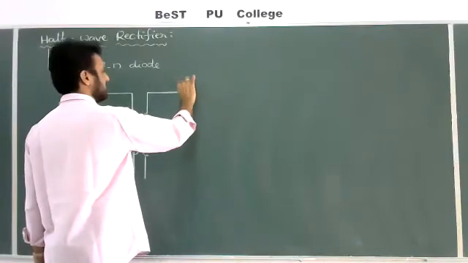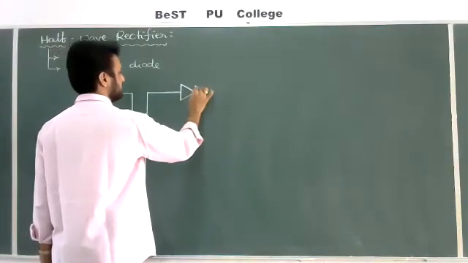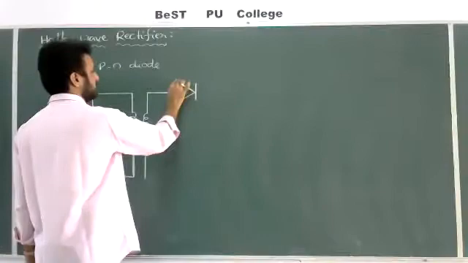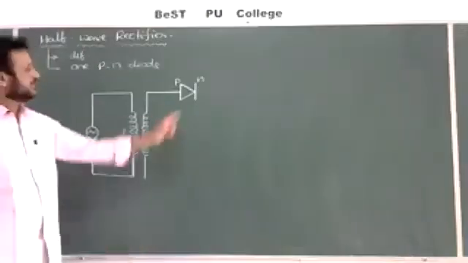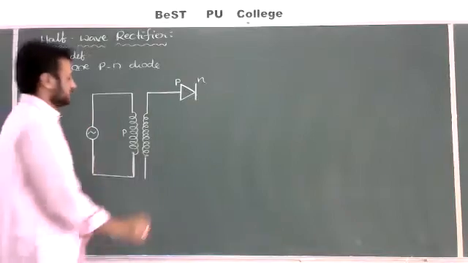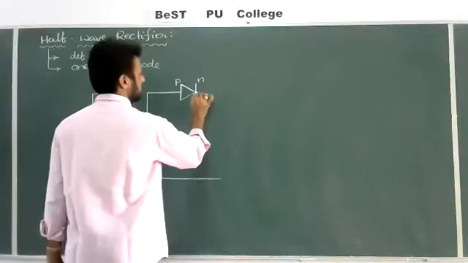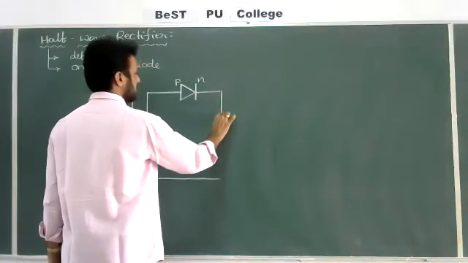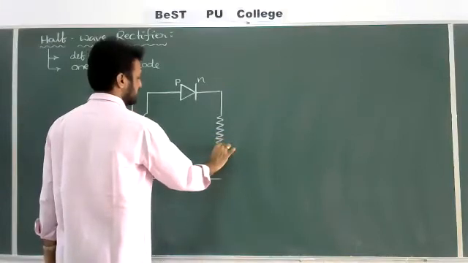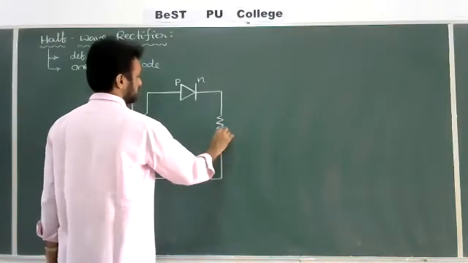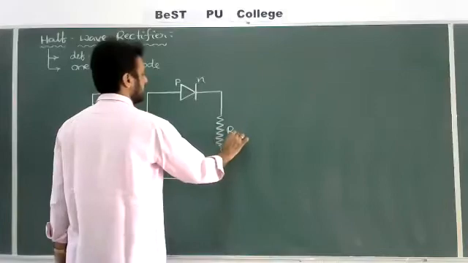It is a symbol of the PN diode. Left side P type semiconductor, right side N type semiconductor, it is a PN junction diode. And this will be connected to one load resistance, which we can take as RL.